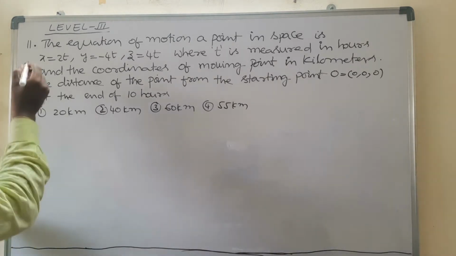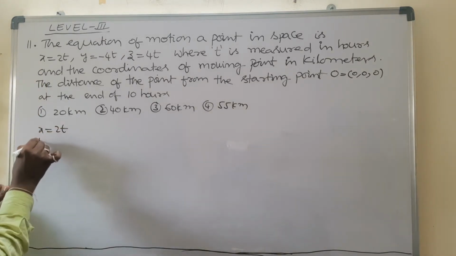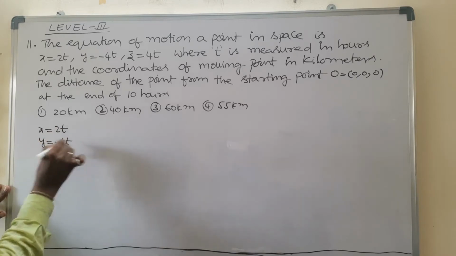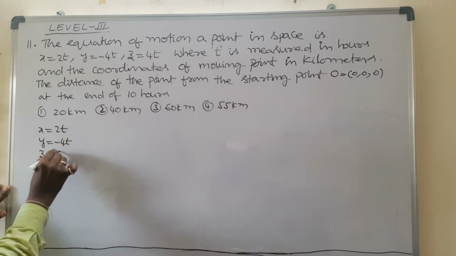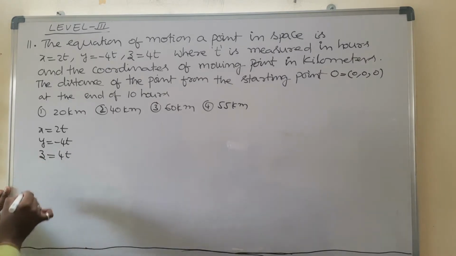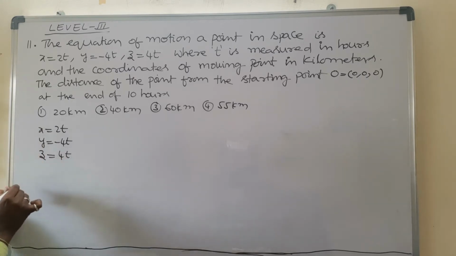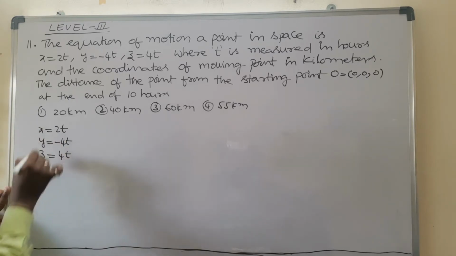Here x equals 2t, y equals minus 4t, z equals 4t. This is the x coordinate, this is the y coordinate and this is the z coordinate. Here the y coordinate is negative.